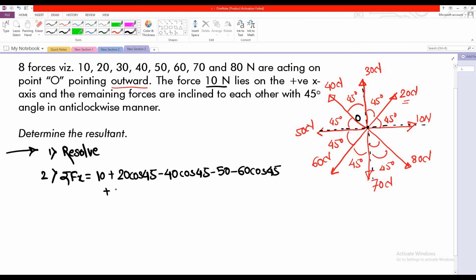Okay, then 70 Newton is not going to be in summation fx statement. It is going to be plus 80 sine of 45 degree. Okay, now come to statement of summation fy.